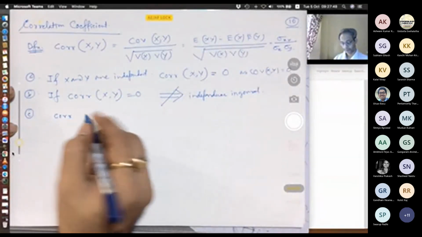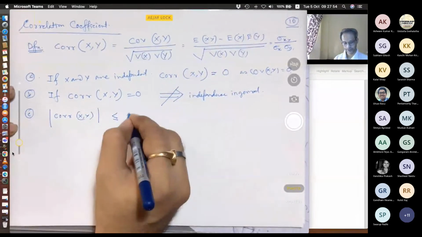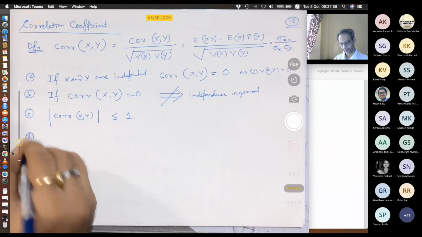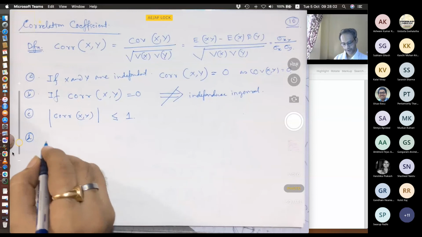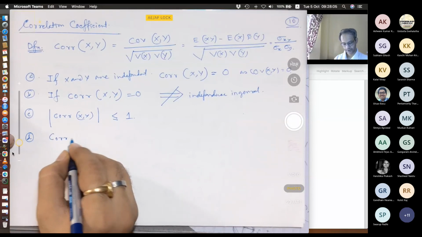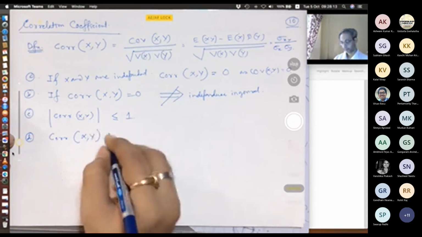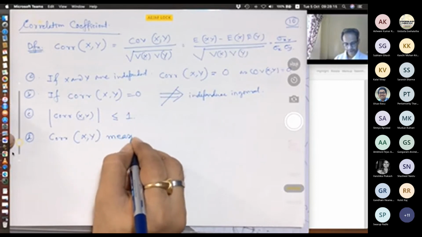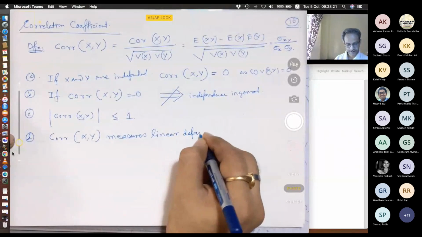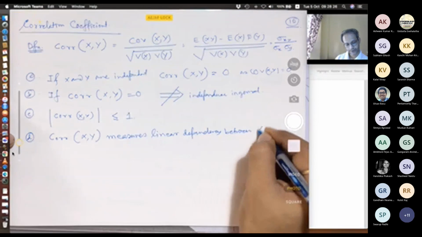The absolute value of the correlation coefficient of x and y is always bounded by 1. And the last remark is that the correlation coefficient, or correlation of xy, measures linear dependency between x and y.